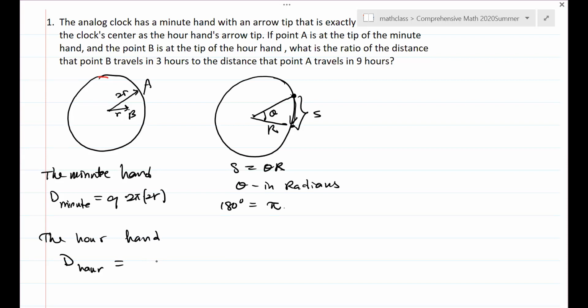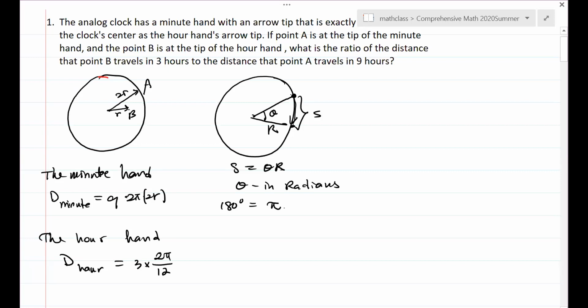12 hours will be 2 pi. 12 hours will be 2 pi, because in 12 hours the hour hand completes a circle. That is the angle it travels in 12 hours, and then you have 3 hours.